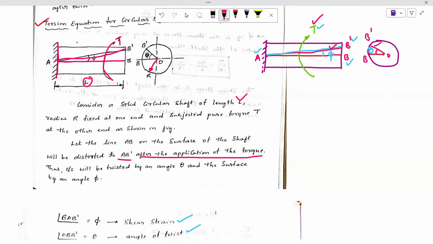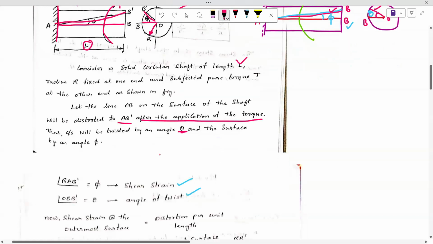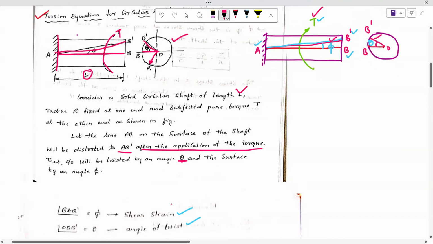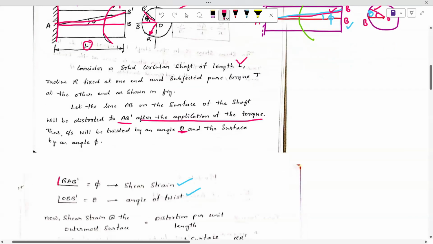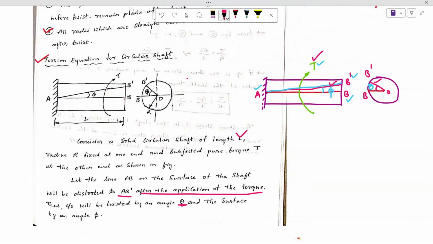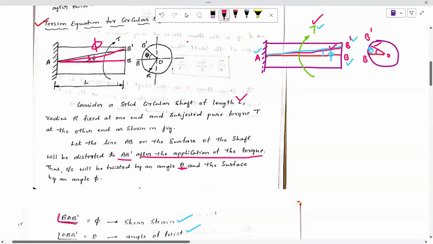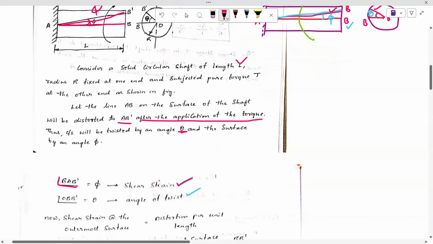So thus the cross section will be twisted. This is a cross section. The cross section will be twisted from OB to OB dash. The angle made by OB and OB dash is nothing but theta, that is nothing but angle of twist. Okay, so from the diagram, you need to observe: the angle BAB dash is phi, that is nothing but shear strain.